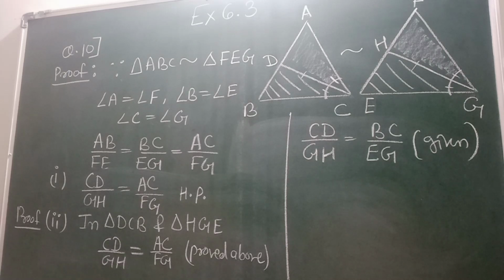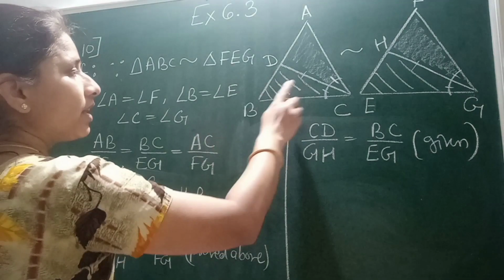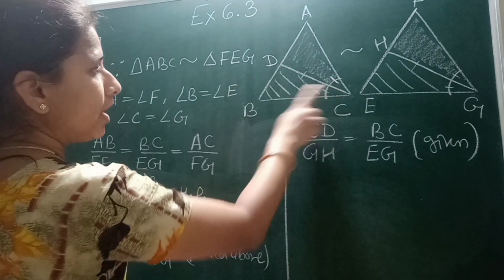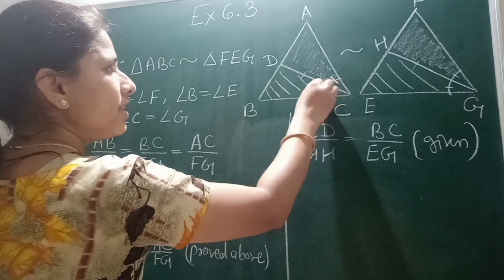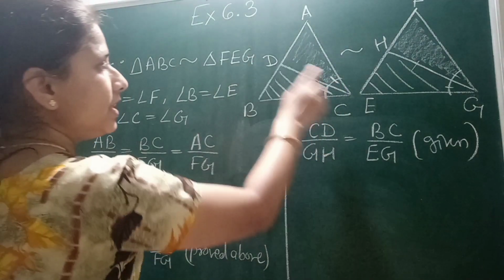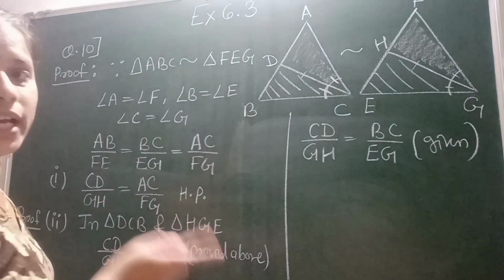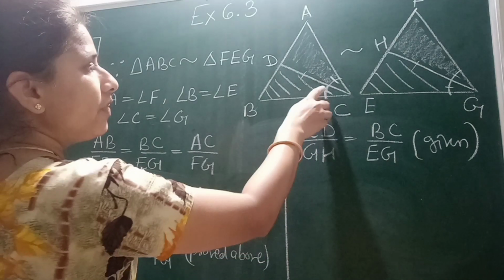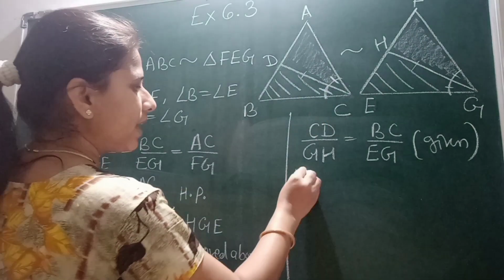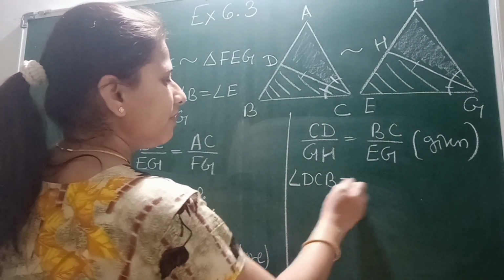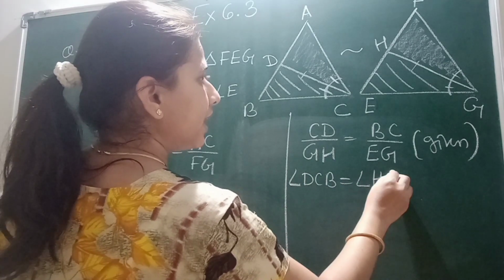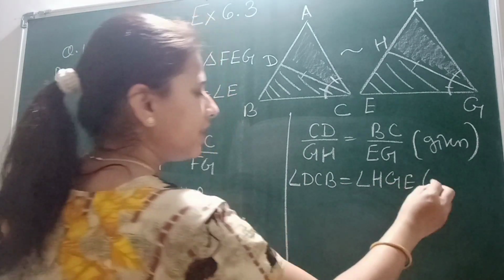As you can see, in CD upon BC, the middle angle is angle DCB. Since angle C is equal to angle G, their halves will also be equal. Now we will take this half part. So angle DCB will equal angle HGE. What we can write?